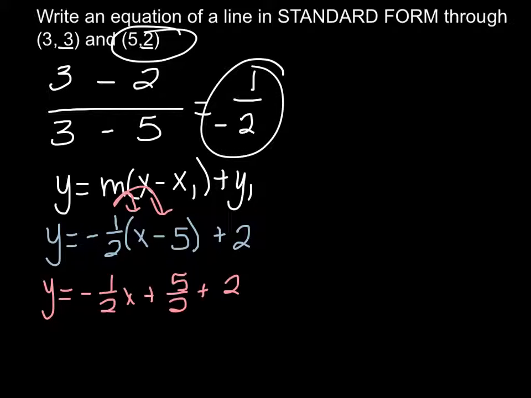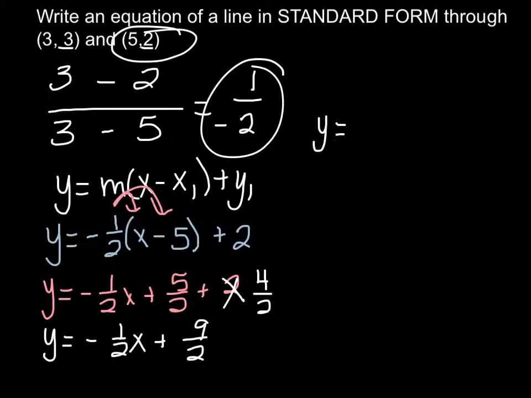So I can plug that in my calculator, or I can make this 4/2. So I have y equals negative 1/2 x plus 9/2. So I'm going to bring that back up to the top so we can work with it a little bit more. Y equals negative 1/2 x plus 9/2.